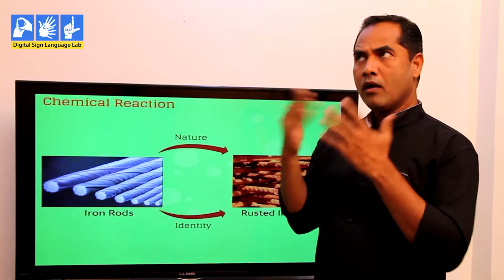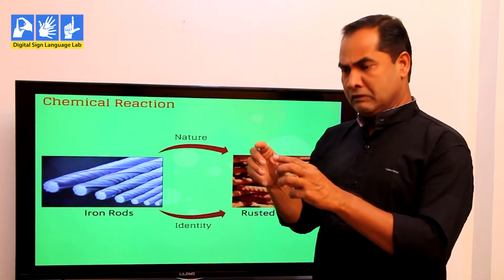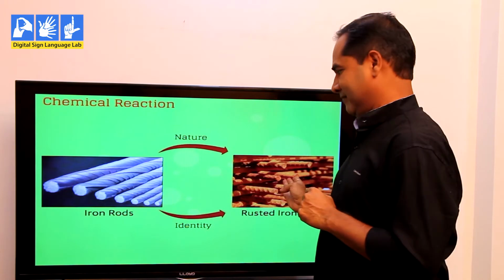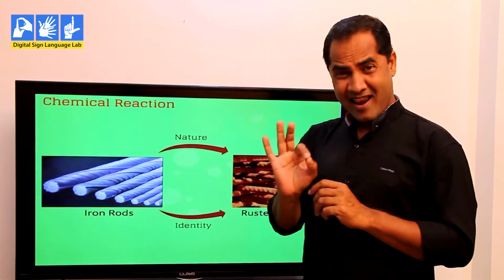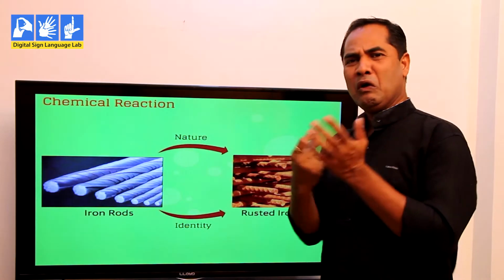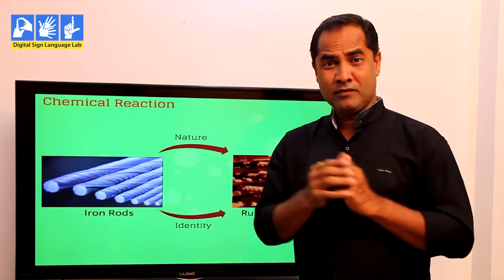If you keep the iron rod in contact with air and moisture, it changes. It rusts. On the left hand side you can see iron, and on the right hand side you see rusted iron.